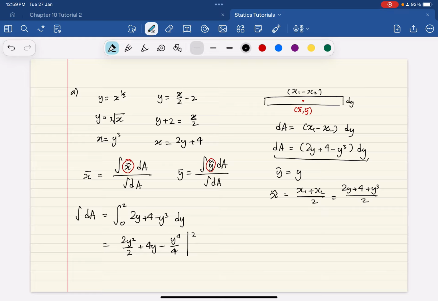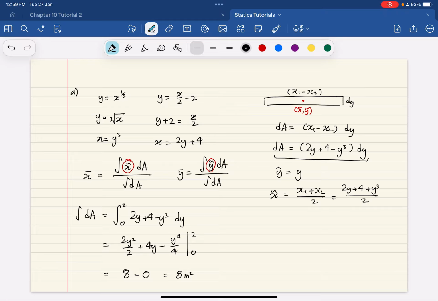Substituting our limits 2 and 0, you can use your calculator and you get 8, and 0 becomes 0, so you're left with 8 meters squared, because we are finding the area of the whole thing.